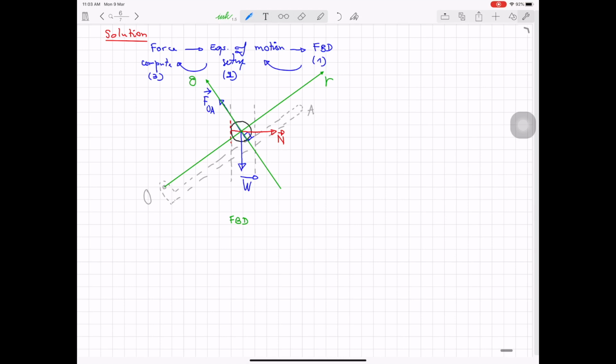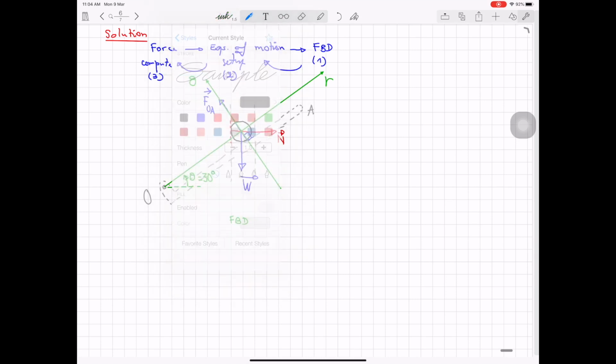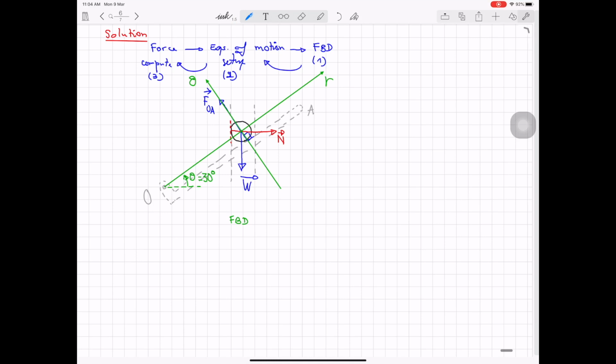So this will be the transverse axis. I was given also this angle theta equal to 30 degrees. Clear? Good.